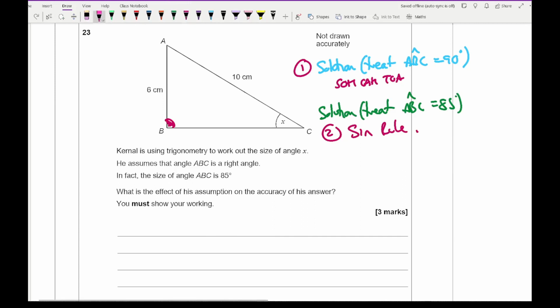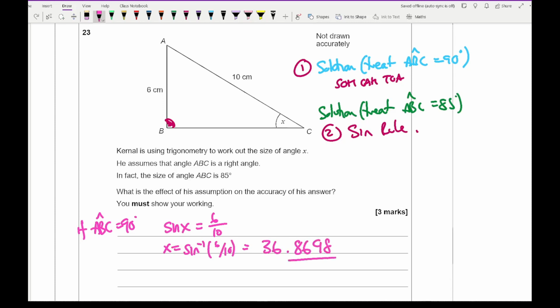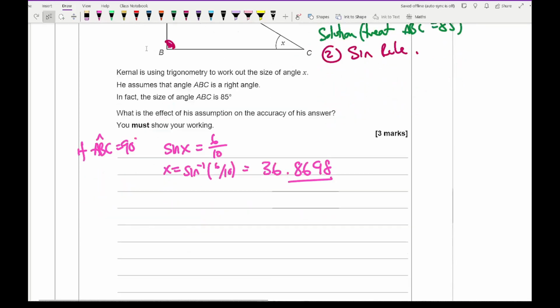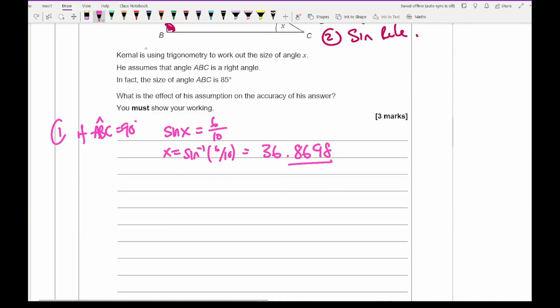So if ABC is 90 degrees, then what do we get? Well, we get sine x equals 6 over 10. So x equals the inverse sine of 6 over 10, which gives me an answer of 36.8698. Then, let me just put a little number 1 there.